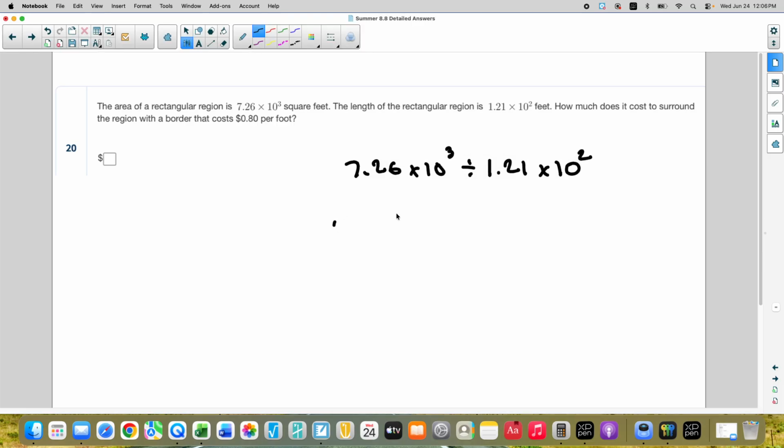So that equals 6. And then we will divide this, which is subtraction, times 10 to the 3 minus 2, 6 times 10 to the first.